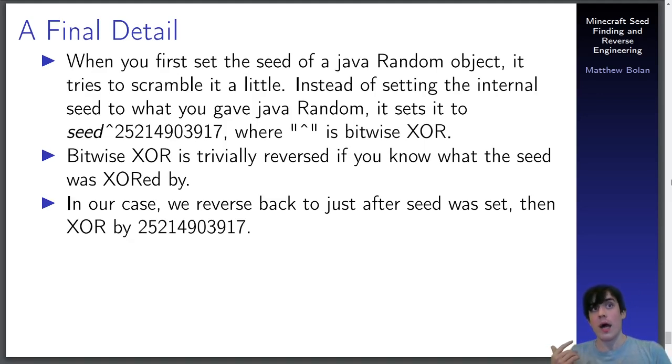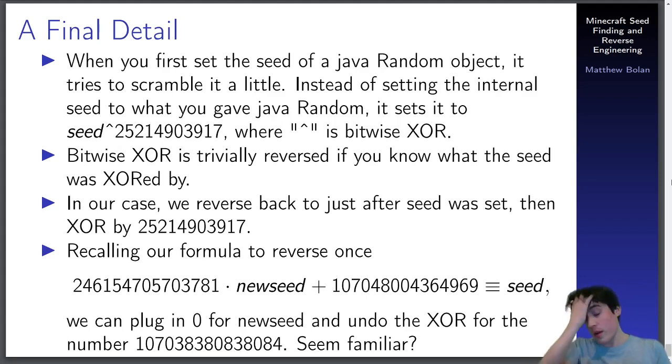So when we reverse back, we also need to undo that XOR. So we reverse back from the good seed all the way back to the seed which we get to set. And then we have to undo the XOR by this constant to get the number that we should tell Minecraft to give JavaRandom. Then JavaRandom is going to scramble it with this XOR, and then that's the number that we're able to target.